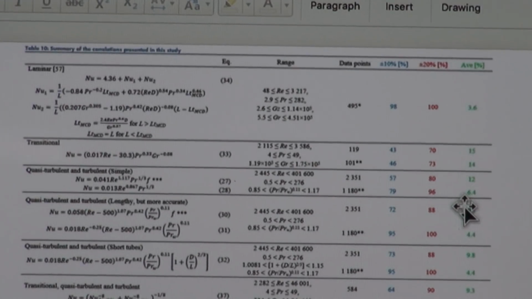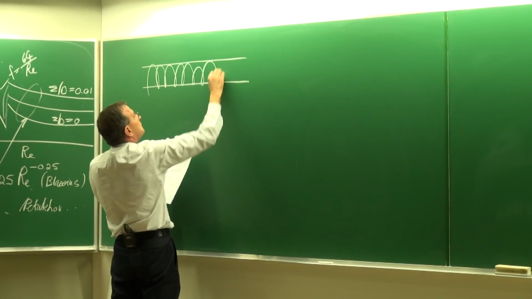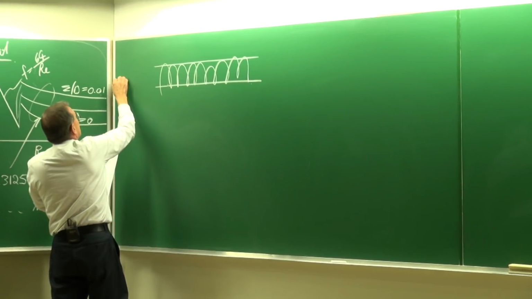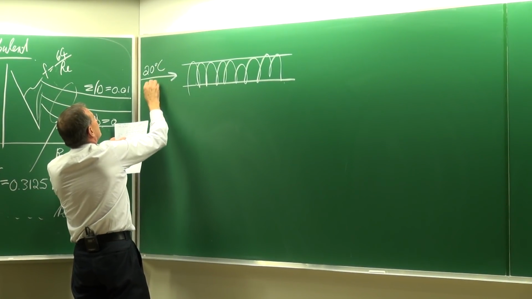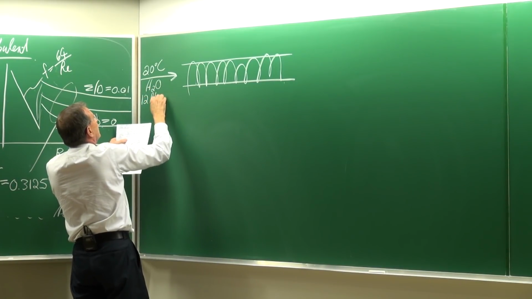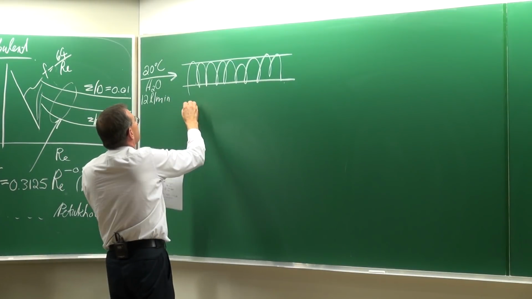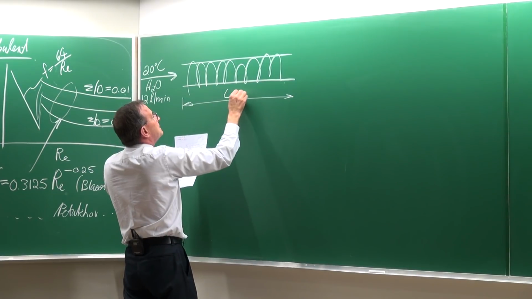Let's look at doing an example problem. In this case, we've got a tube and it is being heated at a constant heat flux. The inlet temperature is 20 degrees Celsius. It is water, and the flow rate is 12 liters per minute. The length is 6 meters.